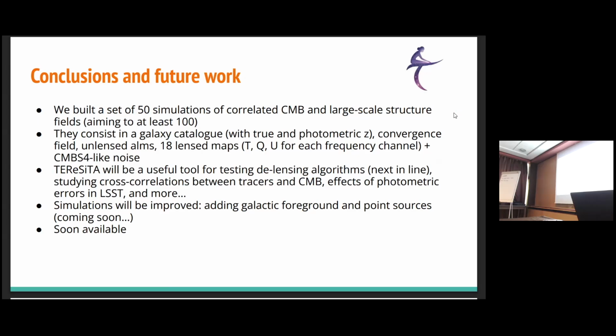And you can also simulate using fiducial power spectra that do not assume a standard lambda CDM model, but maybe some different dark energy models, so to predict what effect it would have on the CMB observations.